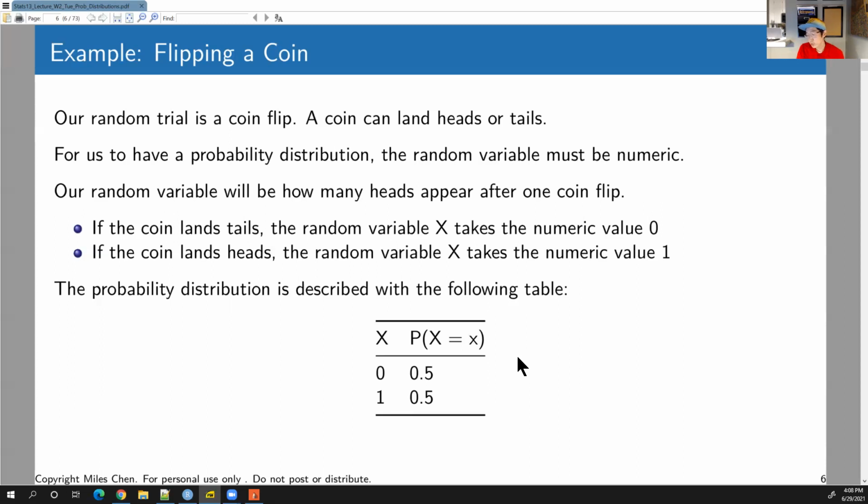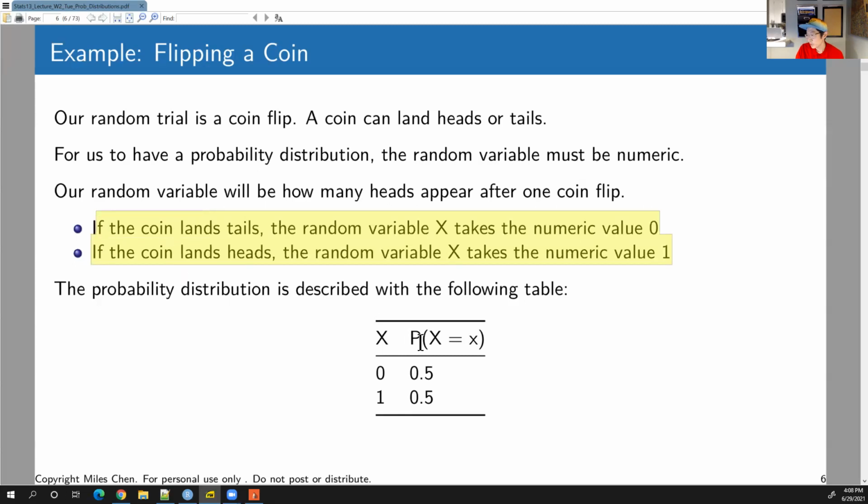So rather than just saying, did it land heads or tails, we can say, how many times do we see it land heads? After one coin flip, we can say it landed heads 0 times, which means it landed tails. Or we could say it landed heads 1 time, and our outcome would be 1. So rather than saying heads or tails, we have to turn it into some kind of numeric variable.